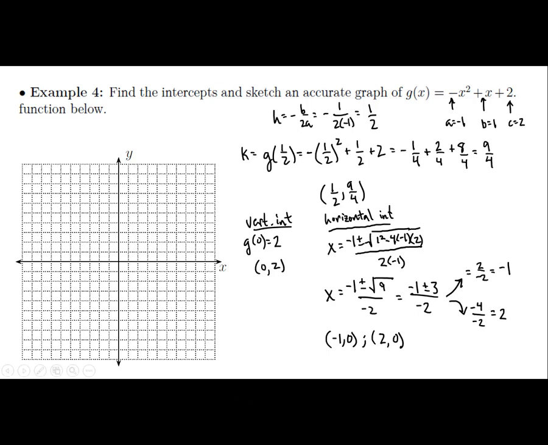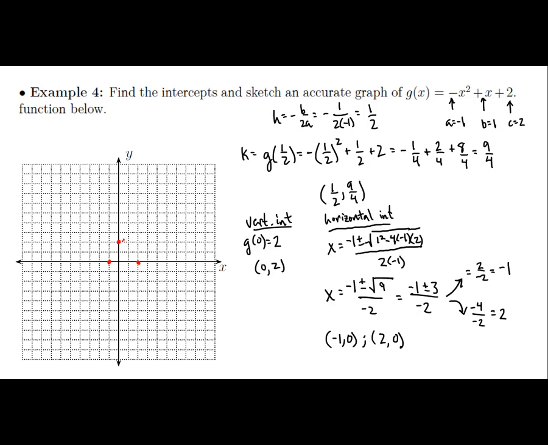So with all that, that should give us a pretty good idea of what this graph actually looks like. So we've got (-1, 0), we've got (2, 0), we've got (0, 2), and then our vertex is at (1/2, 9/4). So 9/4 is 2 1/4. So that puts me at x equals 1/2, y equals 2 1/4.